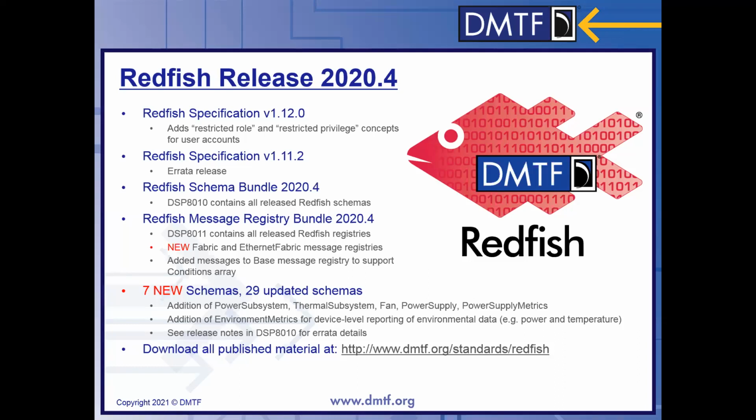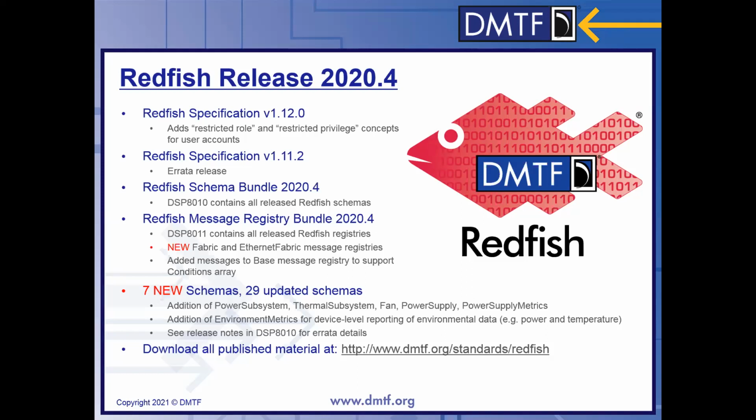And there were also 29 schemas that had minor revisions, and so new properties. We won't go into that level of detail today, but if you go to the website, you can actually download this presentation that also includes slides that go into the details for each of those updated schemas.